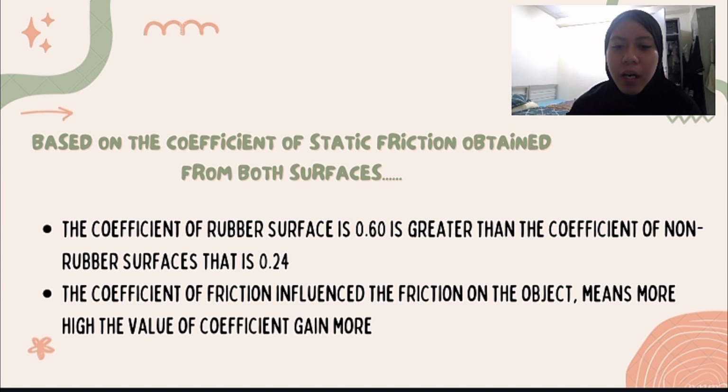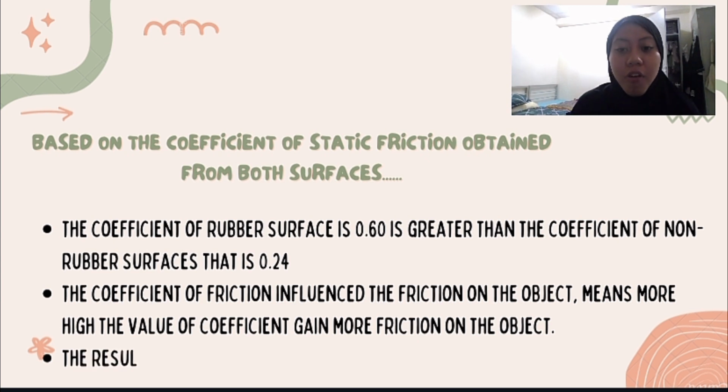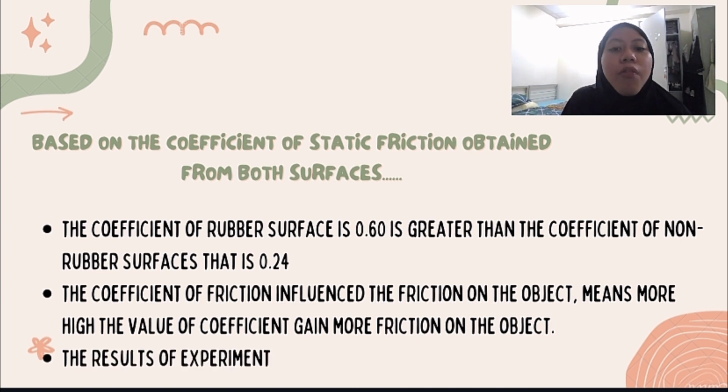So we can highlight here that the coefficient of friction actually influences the friction of the object. In my opinion, the higher the value of the coefficient that we gain, the more friction we get on the object.